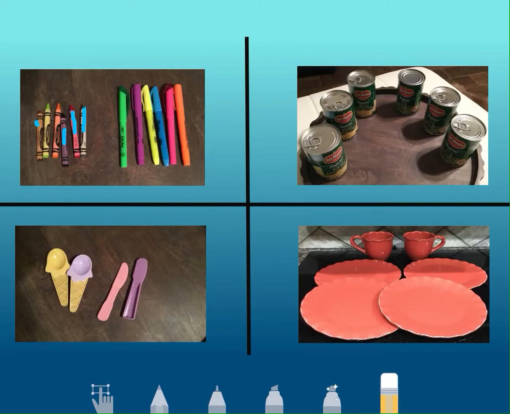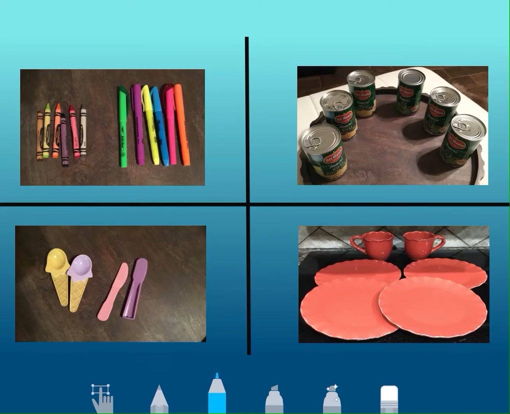Now let's count the highlighters. 1, 2, 3, 4, 5, 6. So I have 6 highlighters and 6 crayons. Do we think that's equal? 2 equal groups? Well, let's take a look and see.